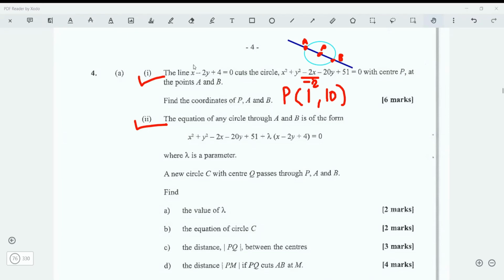All right, let's continue now. So the second part says, find the equation of any circle passing through A, B, and P, and it has center Q. Find the value of lambda. Now, Marika, if this is a circle right here, let's write that down.